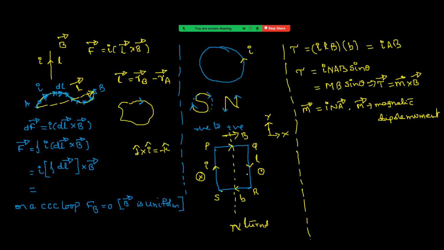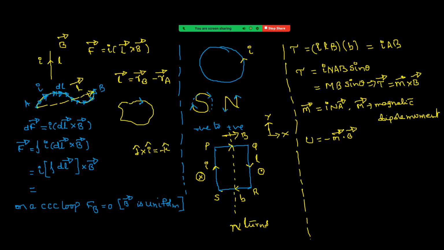Next, corresponding to this, potential energy. If you remember electric dipoles, there we have learned minus P bar dot E bar. It is now minus M bar dot B bar. So if the angle between these two is zero, potential energy is minimum. That is a stable equilibrium position.